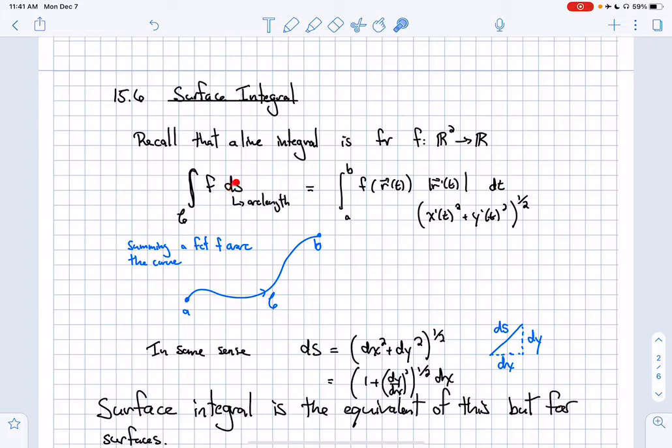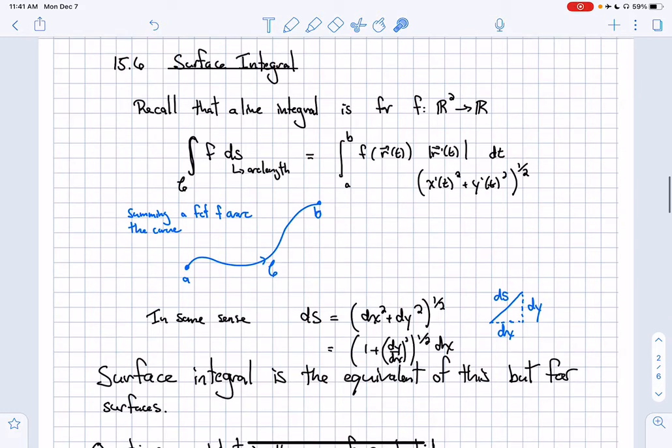And the important thing was the element ds, the arc length, okay? And the arc length was what? Well, it's like Pythagoras, right? So I want the length of a small segment, but that segment is not necessarily straight, right? It has a certain slope, and so the length of ds is the square root of dx squared plus dy squared, okay?